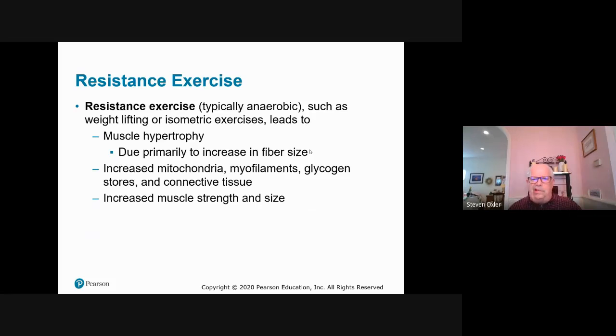It also leads to increased mitochondria because you're using energy. It increases the myofilaments, the glycogen stores, and connective tissue. It also increases muscle strength and size. Okay? So the difference between endurance exercise and resistance exercise is what we just talked about. Your muscles get bigger with resistance exercise, not with endurance exercise. All right?